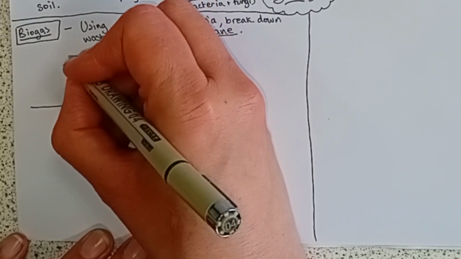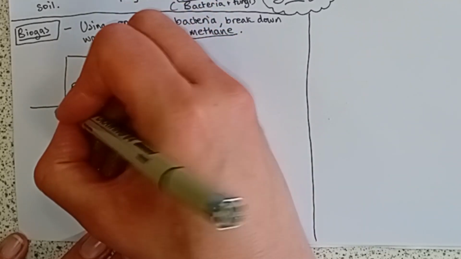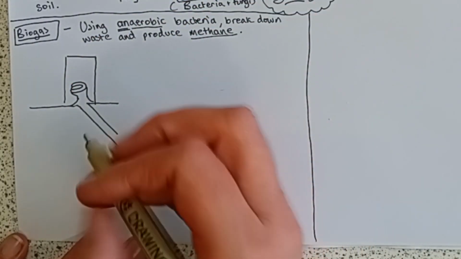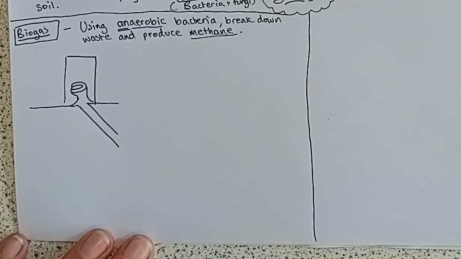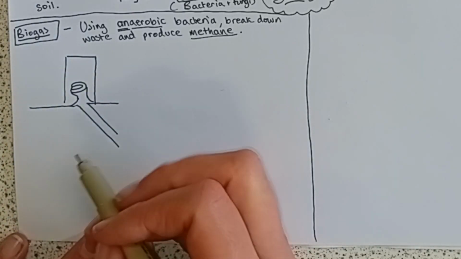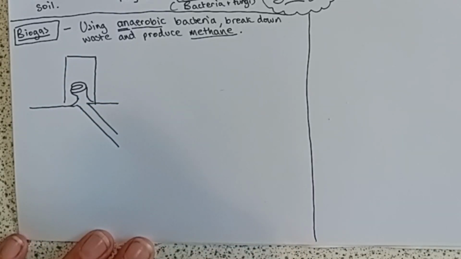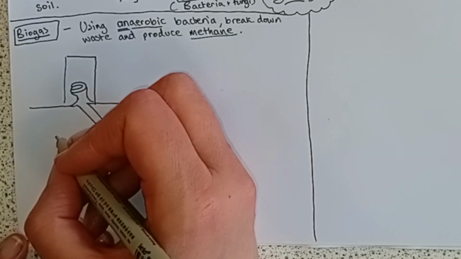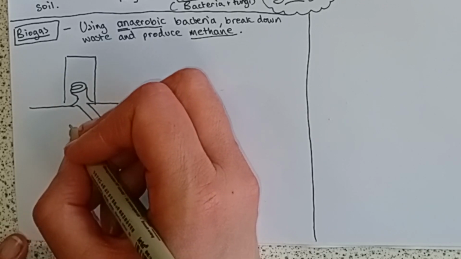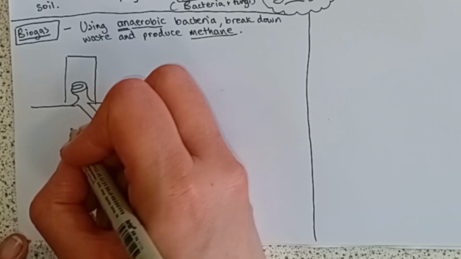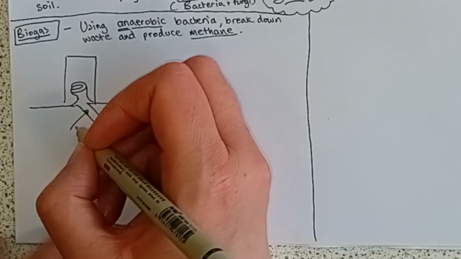So one efficient way of generating biogas is by using human waste. You attach the toilet directly to your biogas generator, but it could equally be animal waste. You could have a barn and a way of getting the waste from the barn down into the biogas generator.